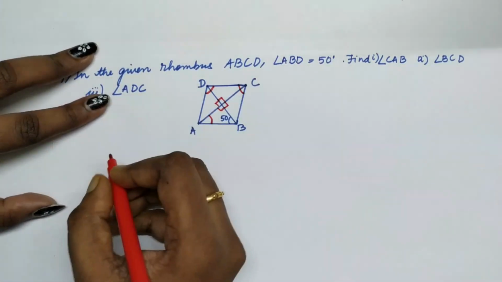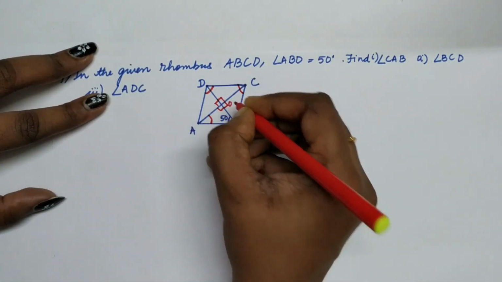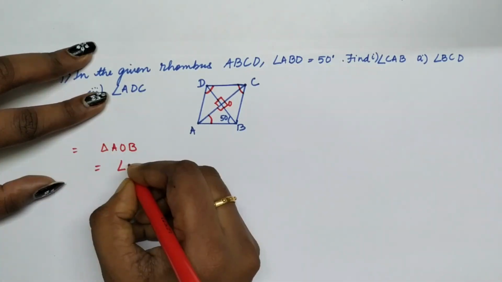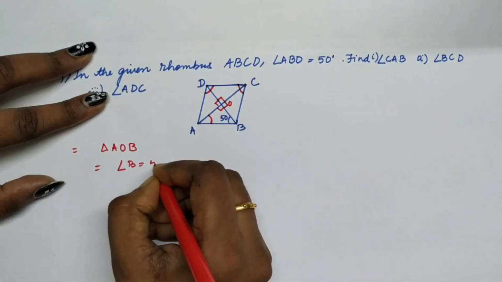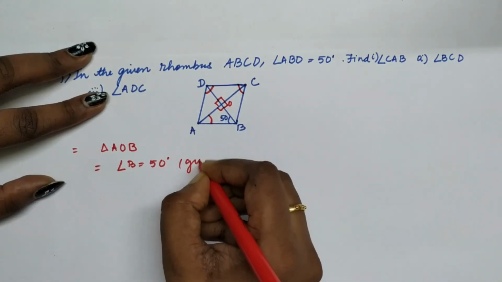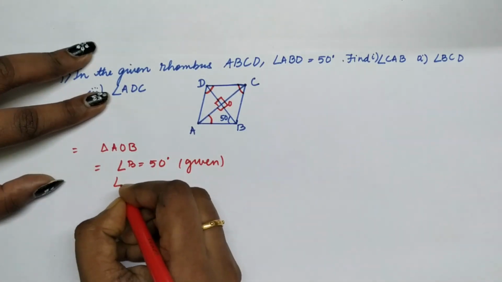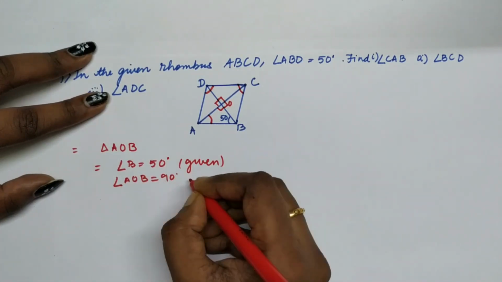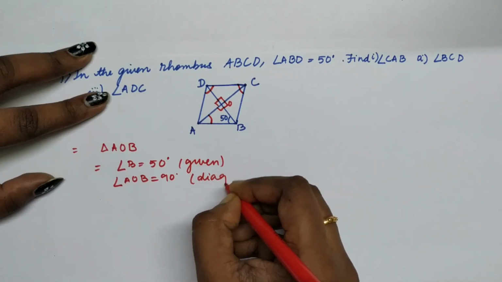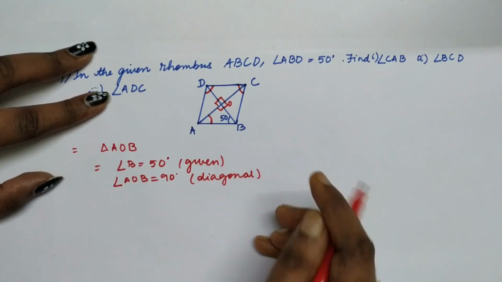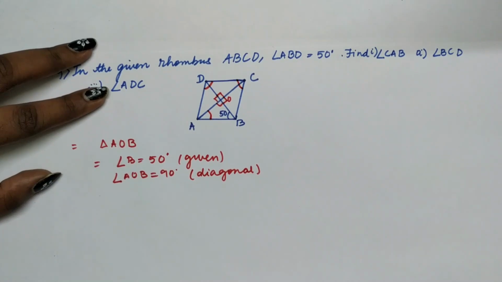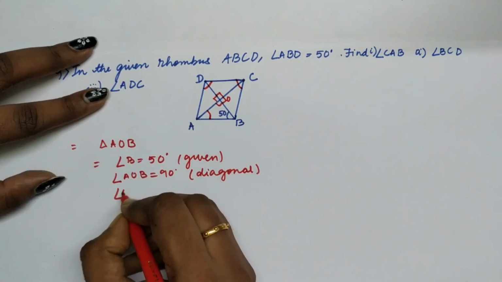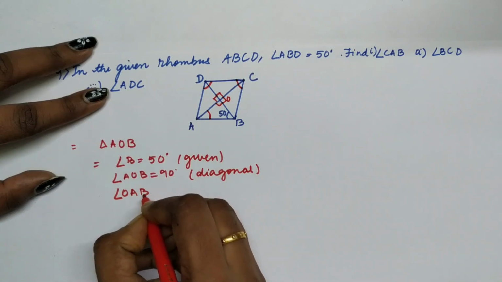So using that property, and if I call the center as O, in triangle AOB, angle B is 50 degree given to us. Angle AOB is equal to 90 degree. Diagonal of a rhombus intersect at 90 degree, and we have to find angle OAB.